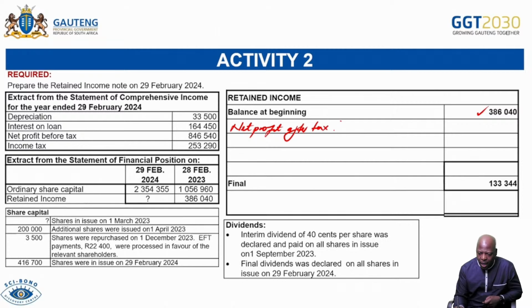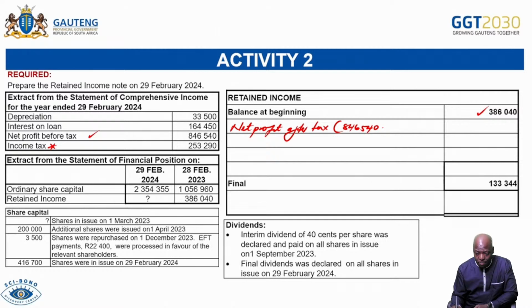Net profit after tax. So where is that now? Here I'm given my net profit before tax, which is 846,540. Then I am given my income tax here. That means I can subtract income tax out of the net profit before tax to get net profit after tax.